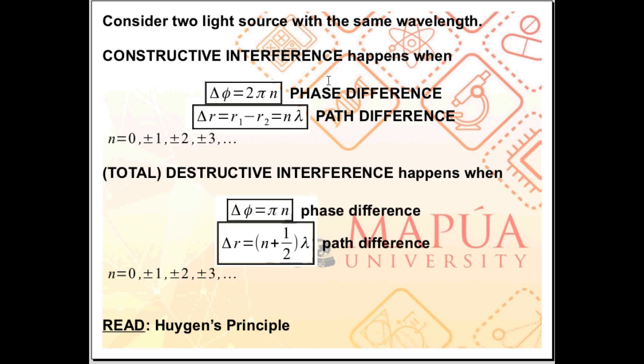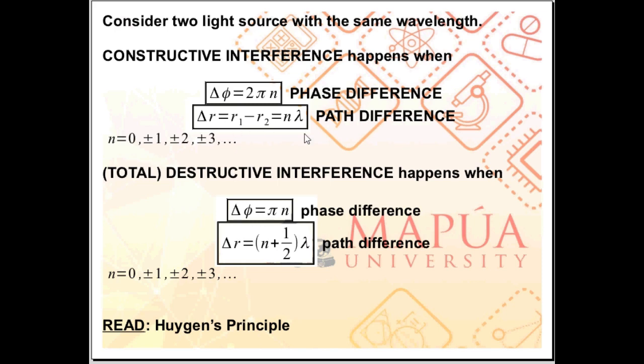Constructive interference happens when the phase difference delta phi is equal to 2 pi n, while the path difference, delta r, is equal to n lambda. Delta r is r1 minus r2.